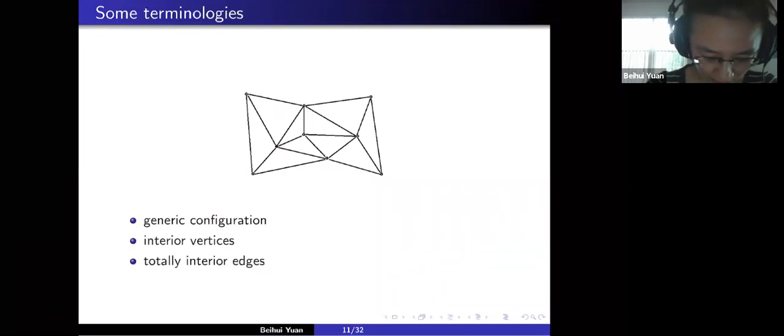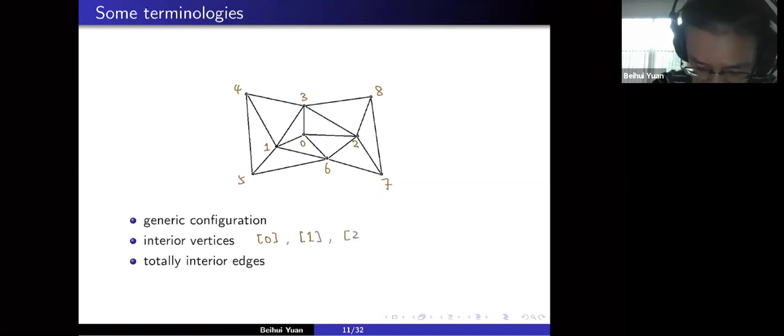And interior vertices: if I index these vertices like this, then in this case, 0, 1, 2 are interior vertices, so they're not on the boundary.